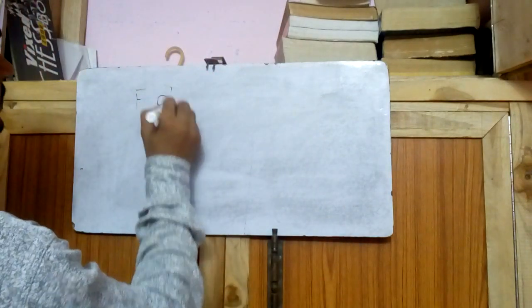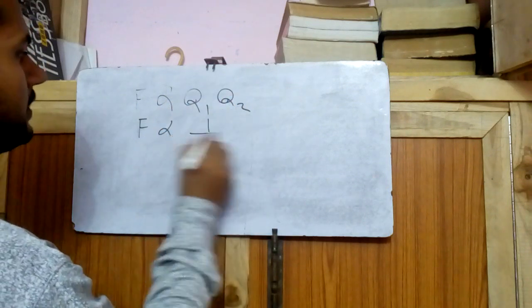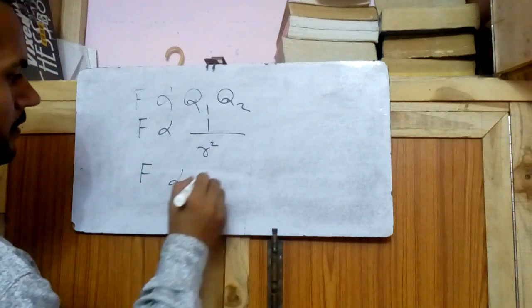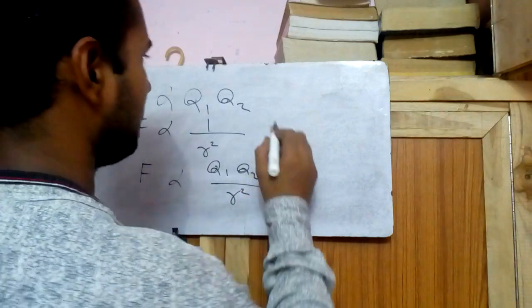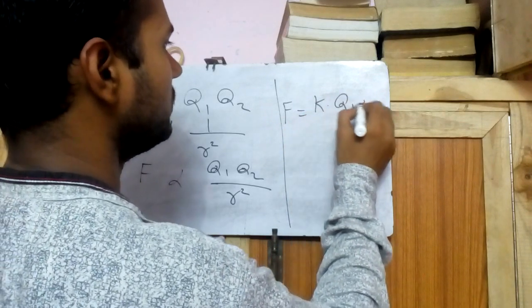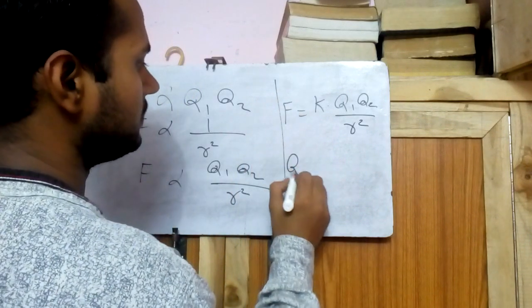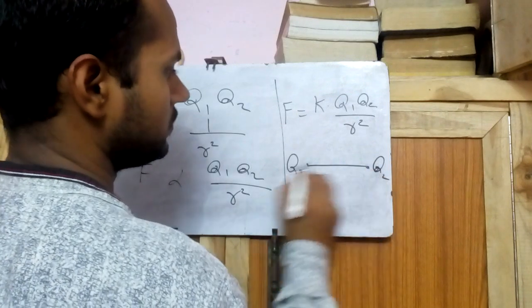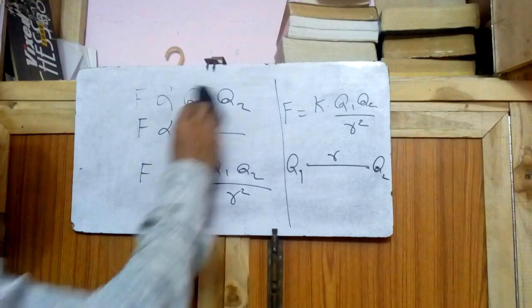So F is directly proportional to Q1 and Q2 and inversely proportional to the square of the distance between them. Combining both, F is equal to K into Q1 Q2 by R square, and this force will be along the line joining both the charges.